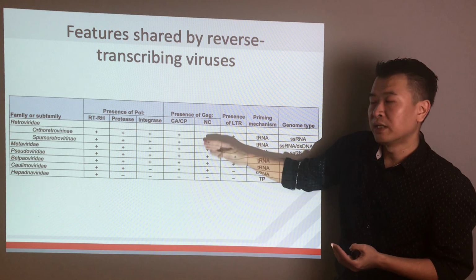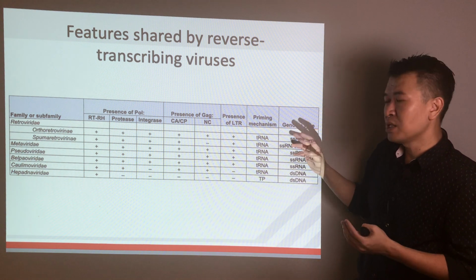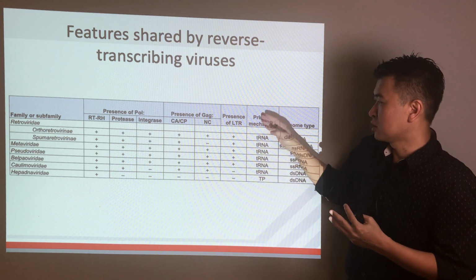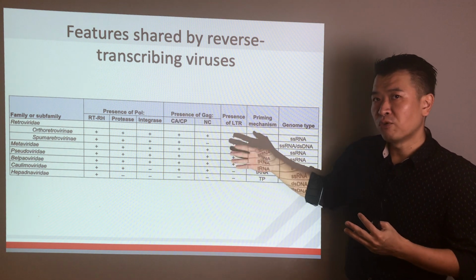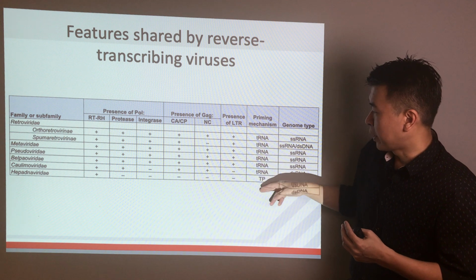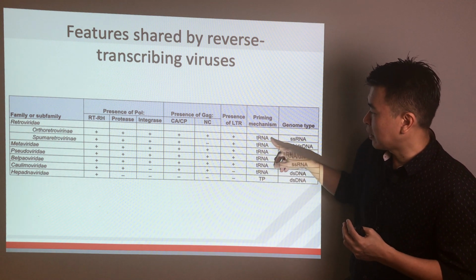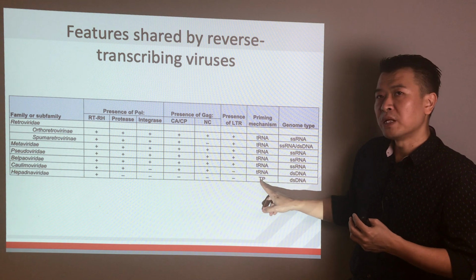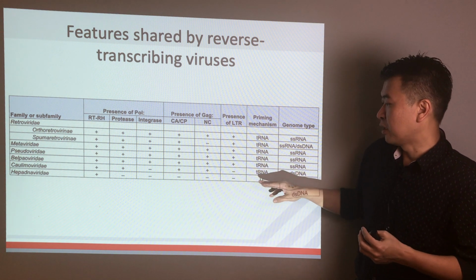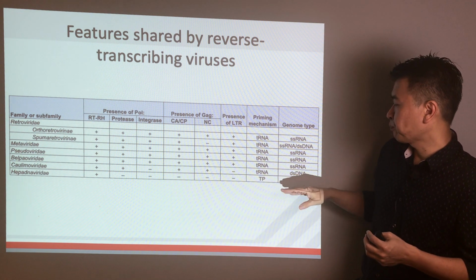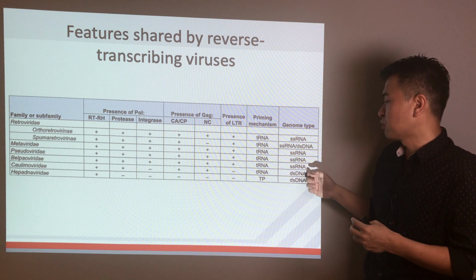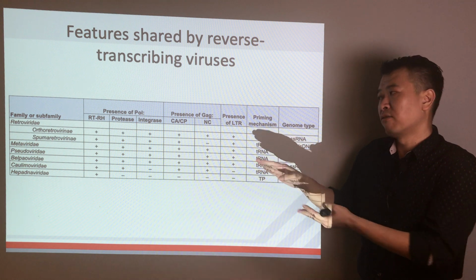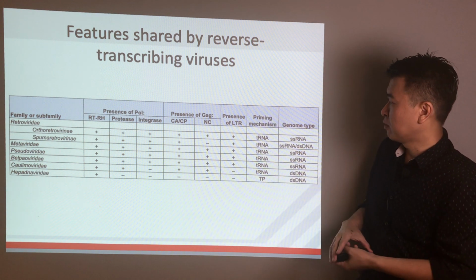And the priming mechanism is the one that makes Calimoviridae more closely related to the rest of the family compared to Hypana, because the priming mechanism uses tRNA as compared to terminal protein in Hypanaviridae, which we will look at later on. So clearly, being double-stranded DNA or RNA doesn't make the virus separate into different families.